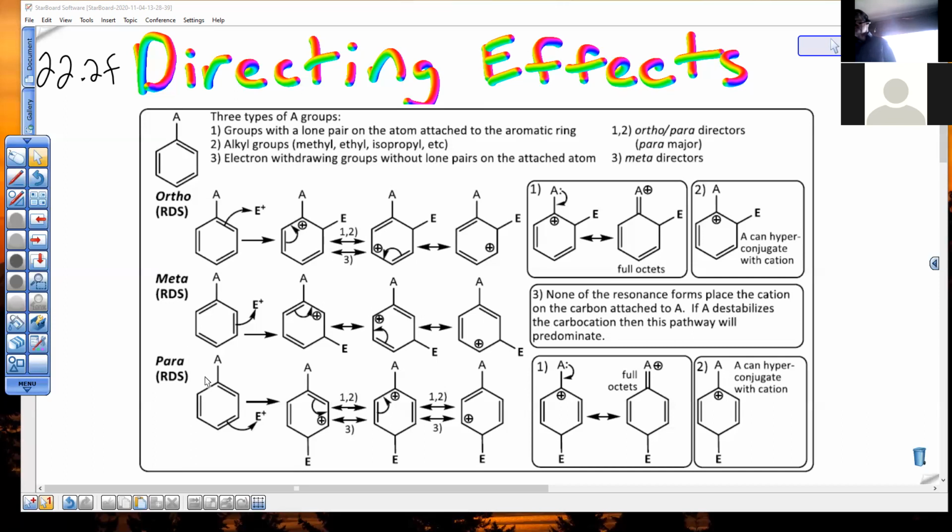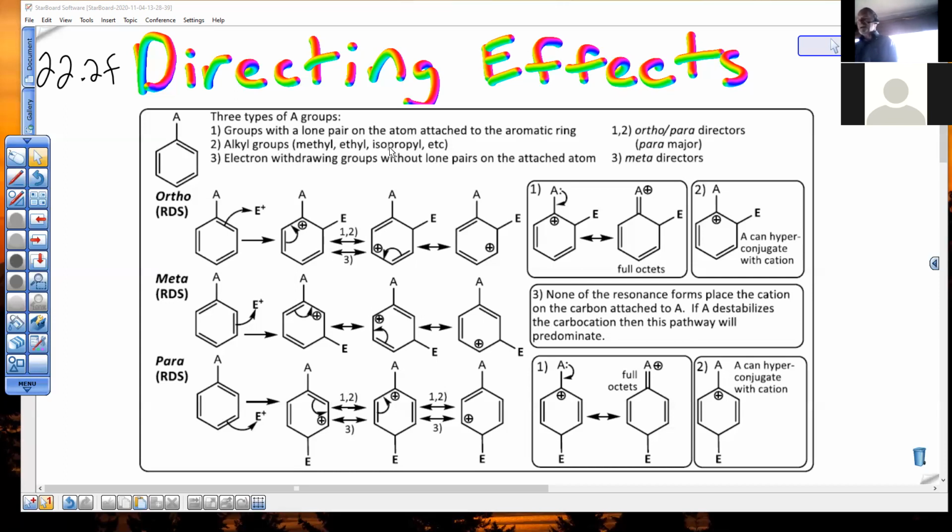So if we have lone pairs, that's going to help carbocations. We want it to help the best way possible. Alkyl groups also help carbocations, but they can't resonate with them, like methyls and ethyls and isopropyls. They can hyperconjugate with carbocations if the carbocation is adjacent.